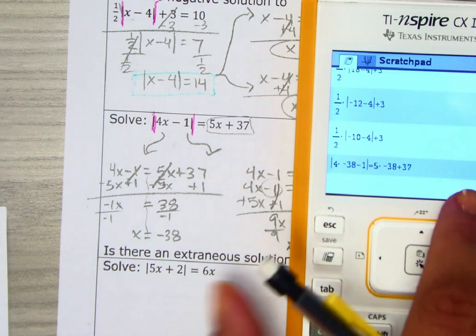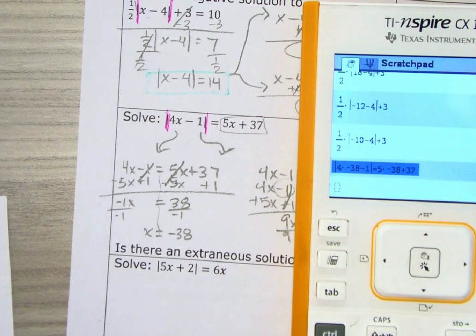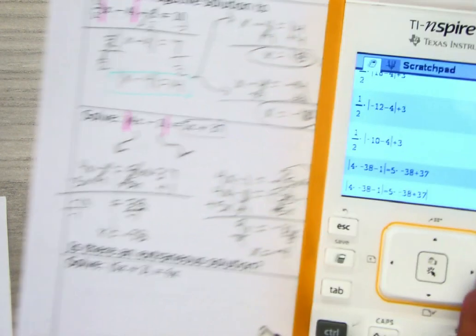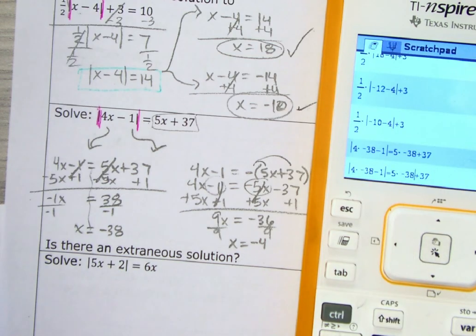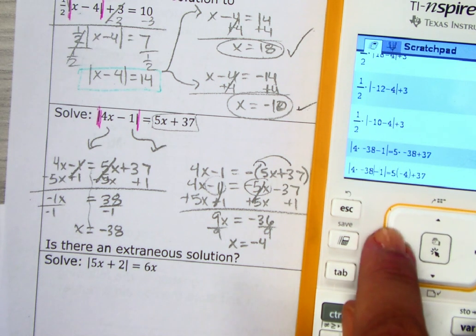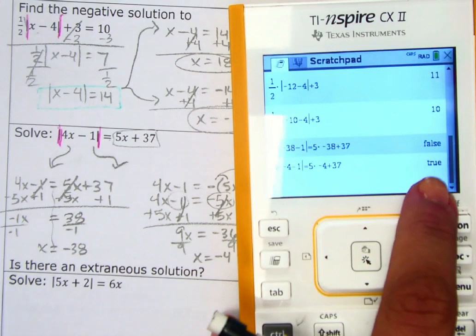So when I press enter, this comes out as false. And then I'm going to now retype it and type negative 4 instead of negative 38. And this one comes out as true.